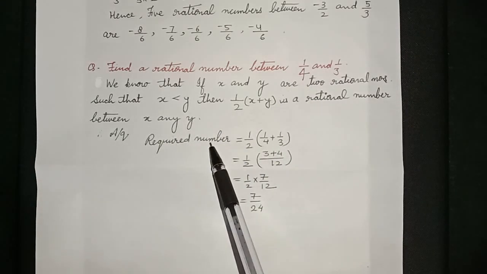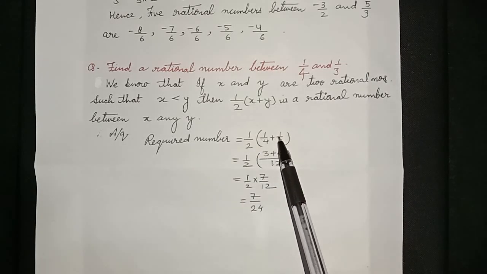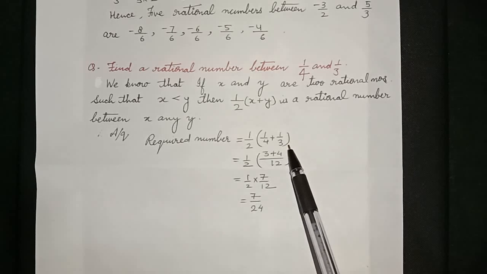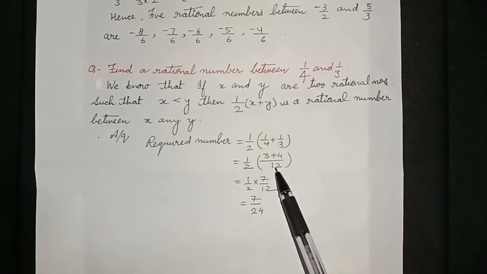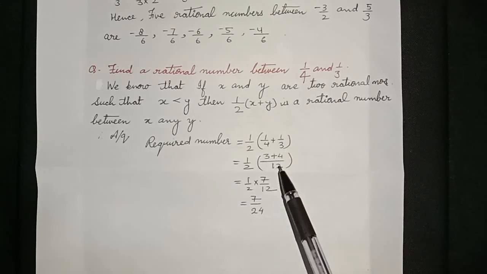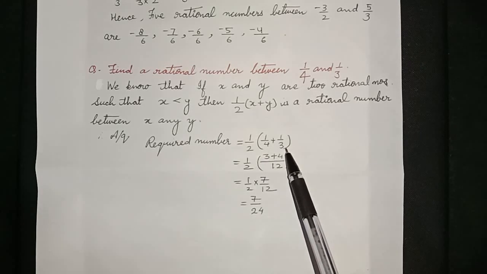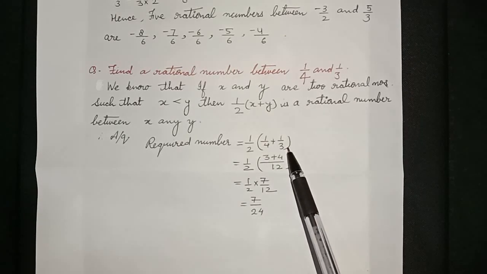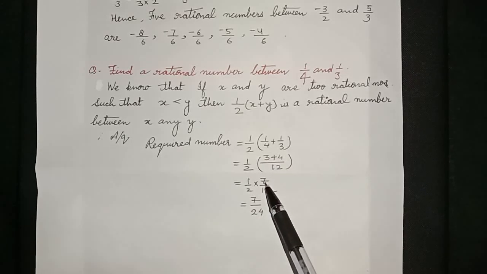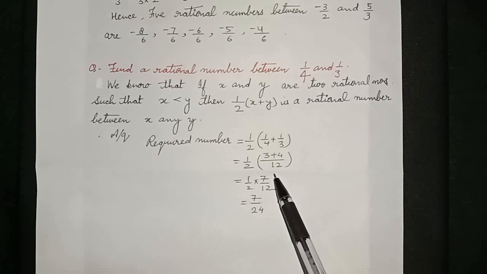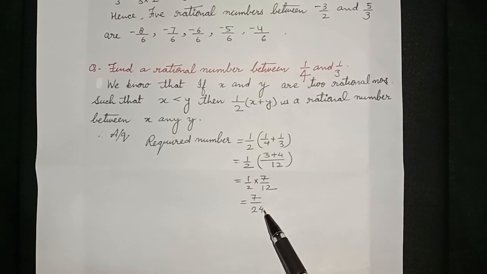So the required rational number will be 1 by 2 into whole 1 by 4 plus 1 by 3. 1 by 2 into here 12 LCM, and 12 divided by 4, 3, and 3 into 1, 3. 12 divided by 3, 4, and 4 into 1, 4. 3 plus 4 is equals to 7 upon 12, and 1 into 7, 7, and 2 into 12, 24.